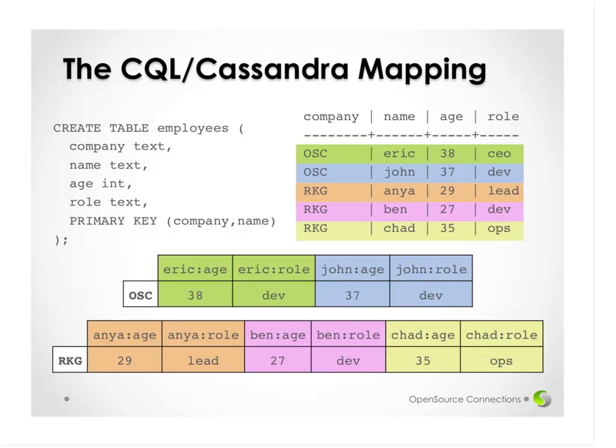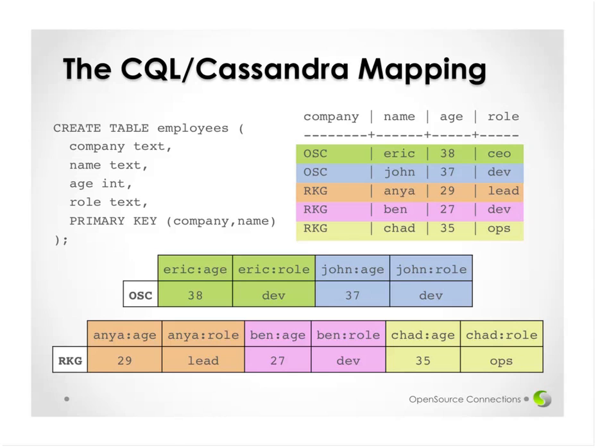Now, it also gets a little bit more interesting this time with the columns, because the primary key, again, is your hint here. The elements after the first element in the primary key, in this case name, tell you what values are going to go in the column names of the internal representation of Cassandra.